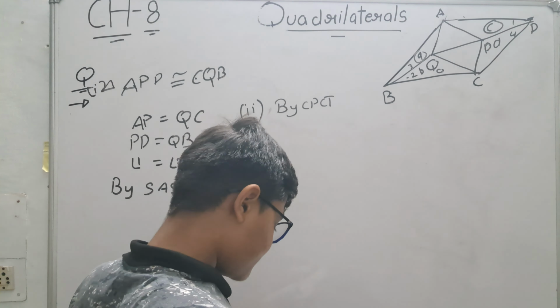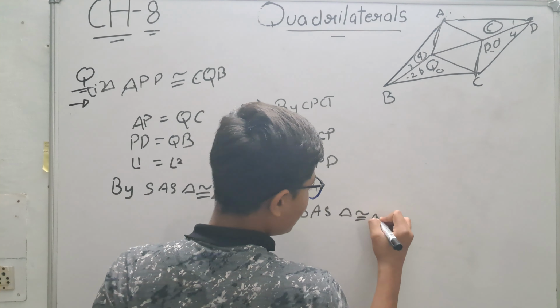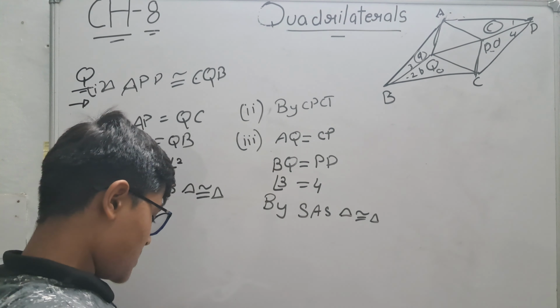Now you can see BQ is equal to PD. Angle 3 is equal to angle 4. So by SAS, the triangles are congruent to each other.